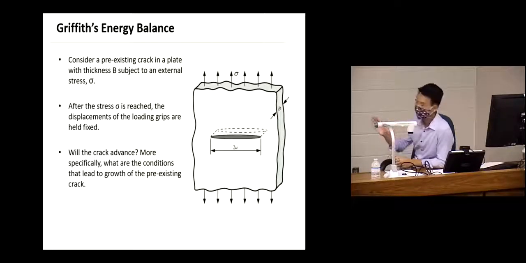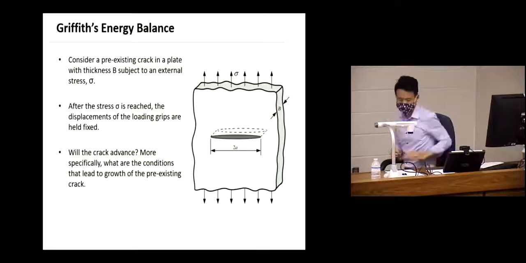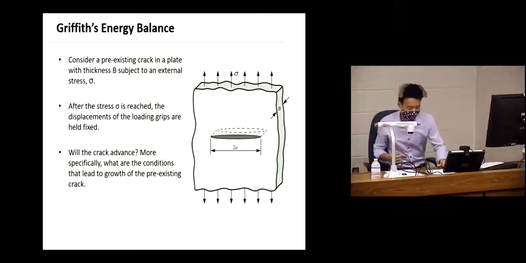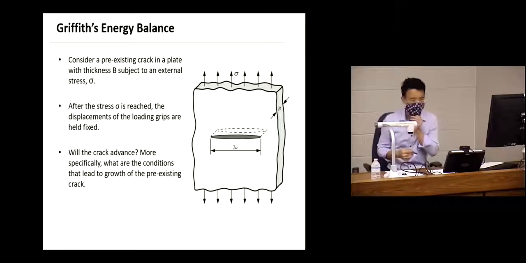We have an elliptical crack, 2a in length, with a certain thickness B. Some stress is being applied onto it, uniaxial tension stress, sigma. But then we're going to do a comparison of the energy of that piece of solid before and after a crack, before and after crack growth.